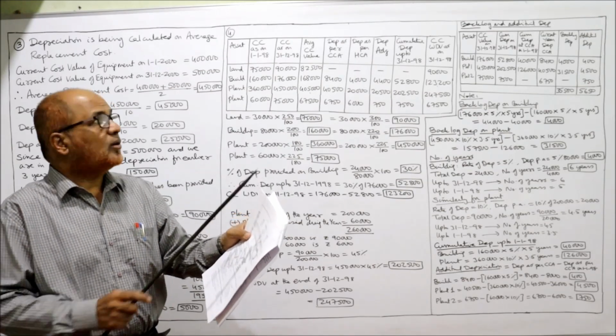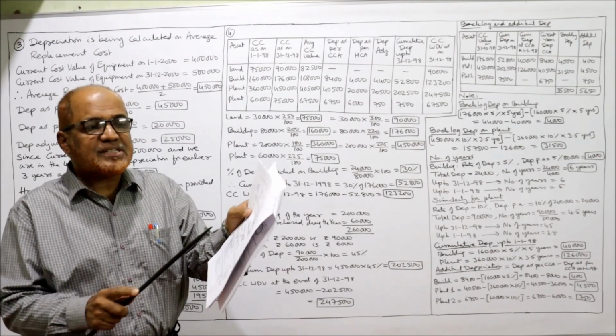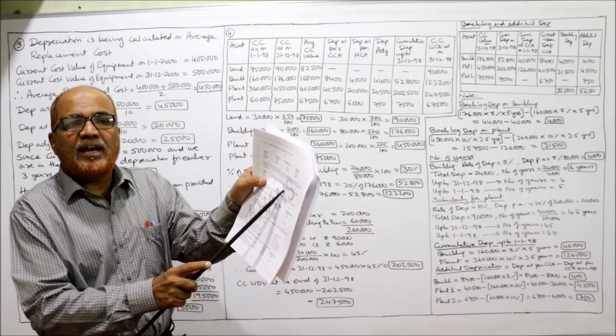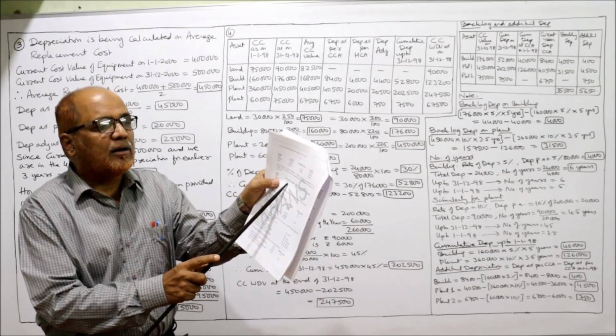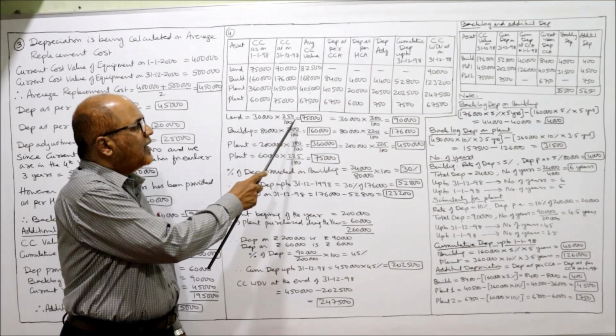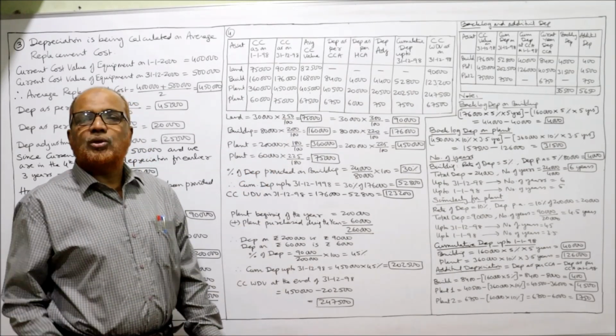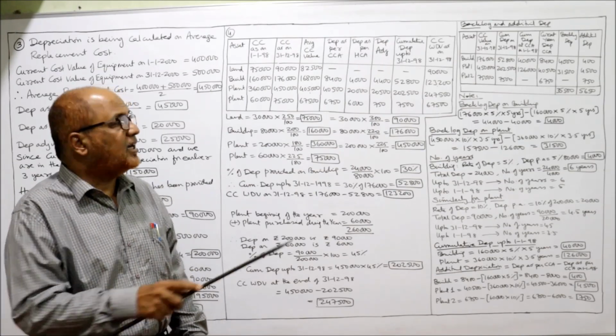So first we find out the current cost on 1st January. 1st January index number 250, at the time of acquisition 100. So 30,000 into 250 by 100, 75,000. So 75,000 is the current cost value on 1st January 98.